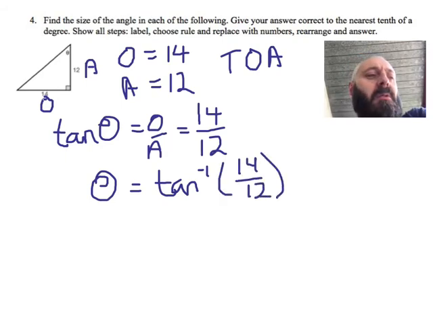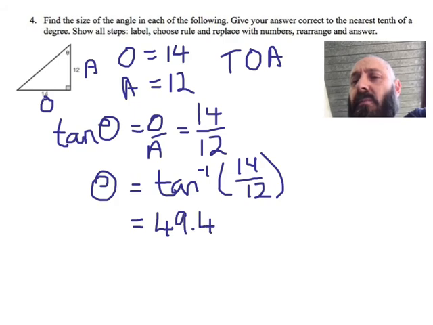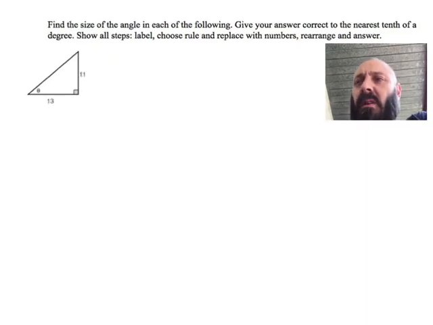Now if I do that on my calculator, I get about 49.4 degrees. It's good to have the degree symbol there because that's what it is. And we're done.